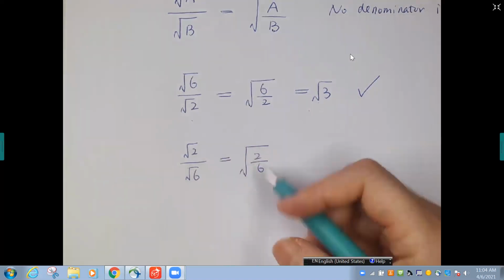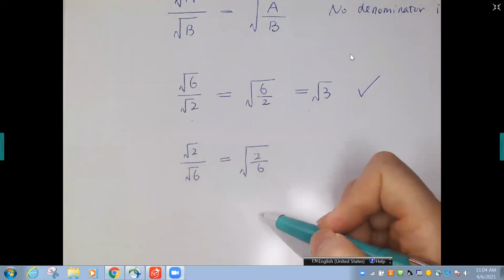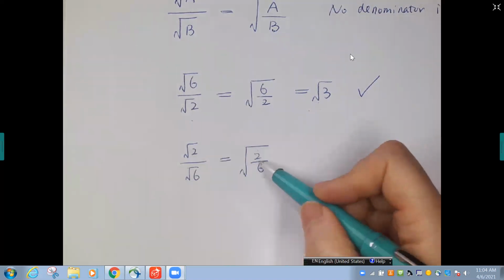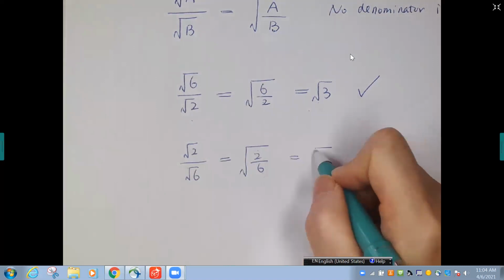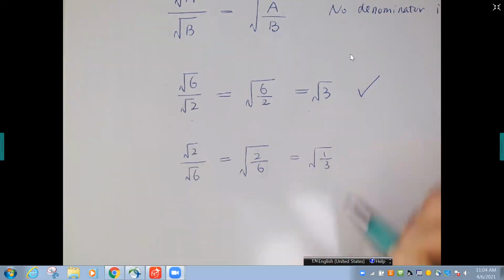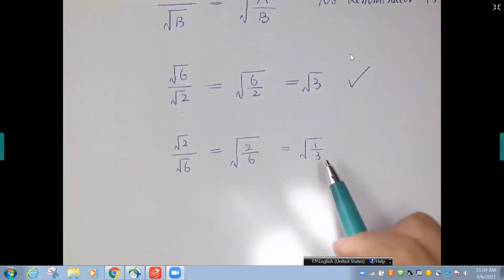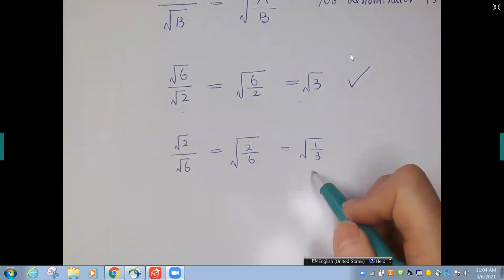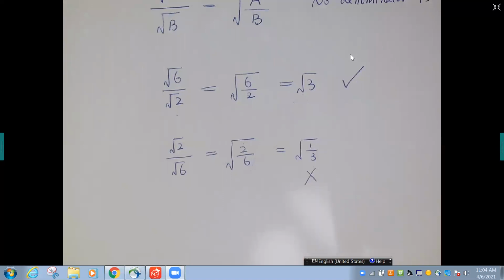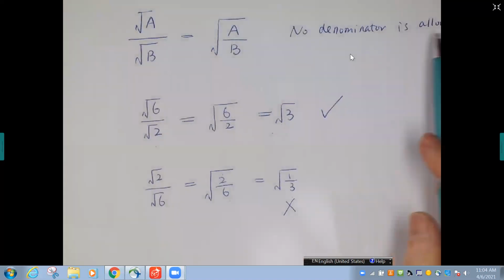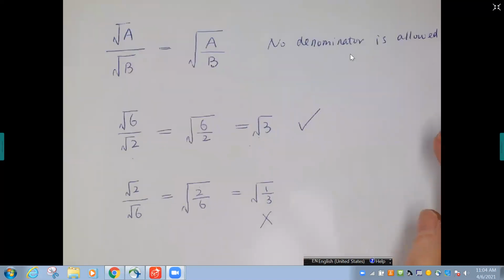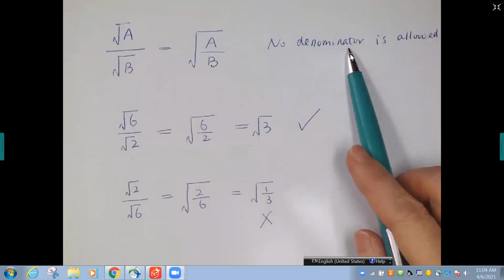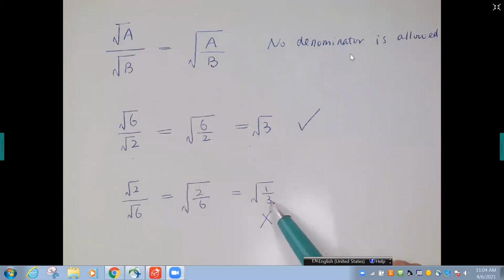And we all know the fraction 2 over 6 equals 1 over 3. So can we leave the answer here? The answer is no. This can never be the final answer. Why? Because no denominator is allowed to stay inside a radical expression.